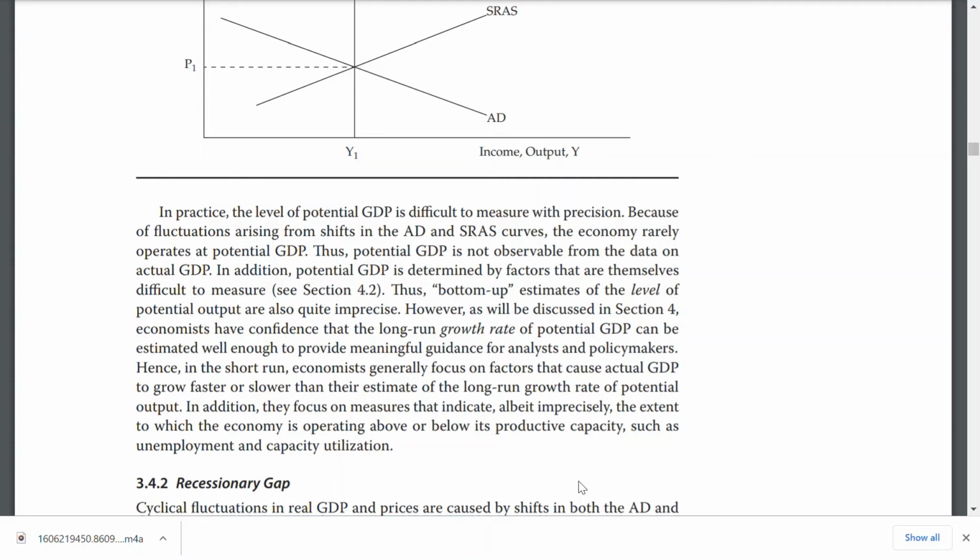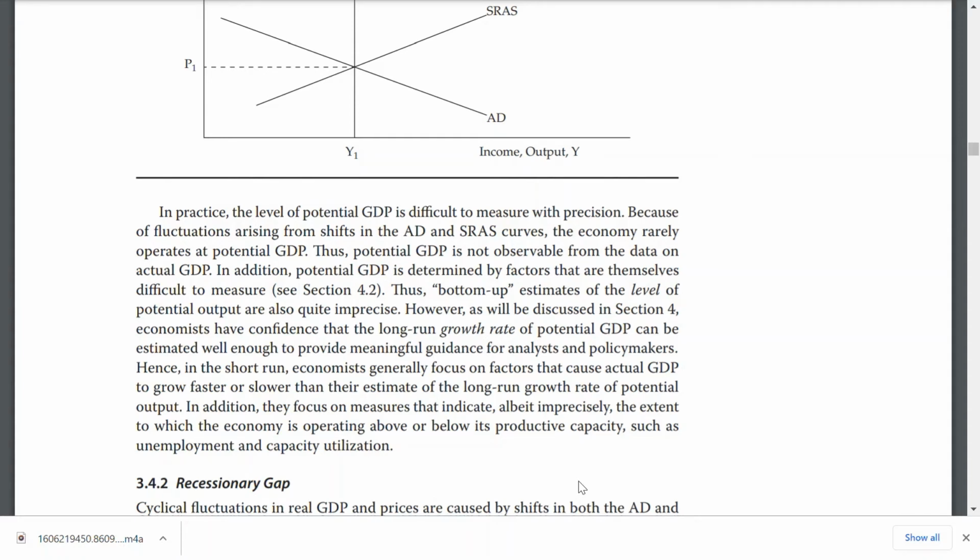However, as will be discussed in section 4, economists have confidence that the long-run growth of potential GDP can be estimated well enough to provide meaningful guidance for analysts and policymakers. Hence, in the short run, economists generally focus on the causes of actual GDP growing faster or slower than their estimate of the long-run growth rate of potential output.